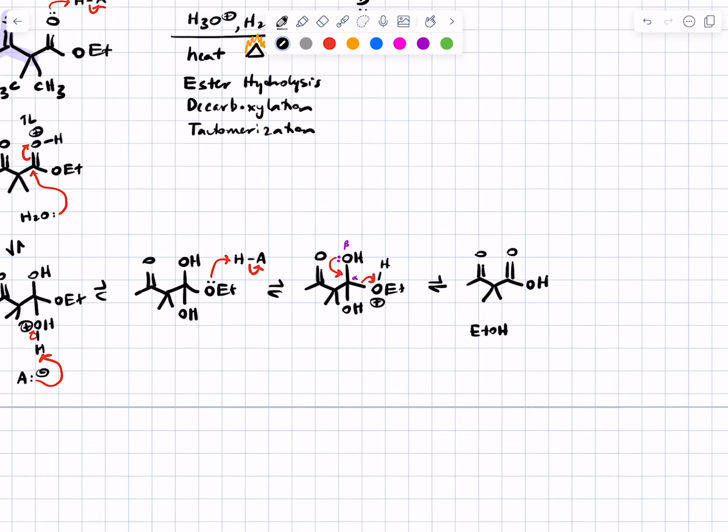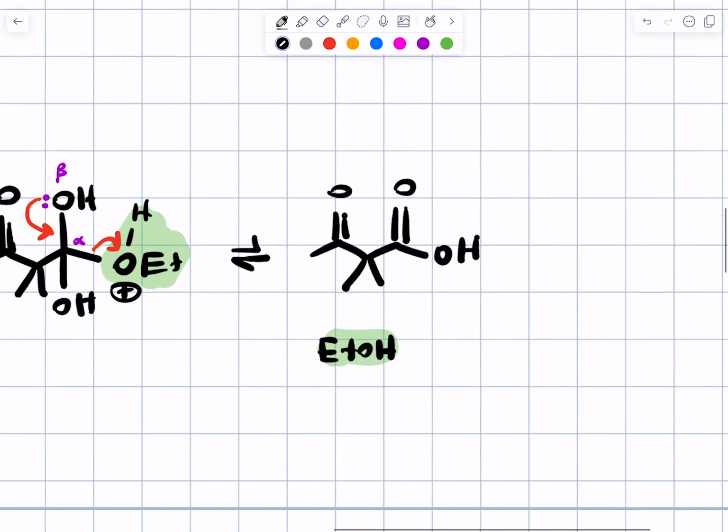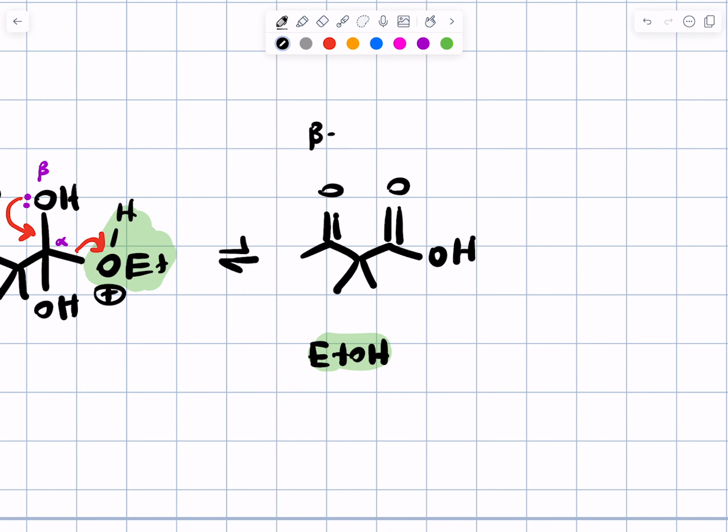All right, so that's where the ethoxy group from our ester ends up. It leaves as ethanol. Here's where we've converted it into a good leaving group, and there's where it leaves. So that was ester hydrolysis. And this gives us something that's called a beta keto acid.